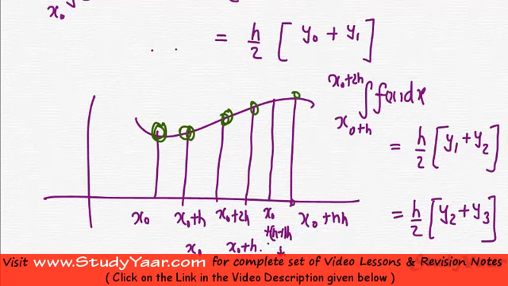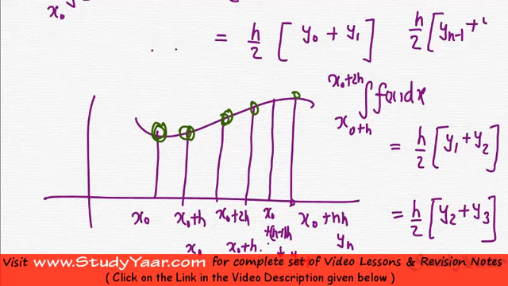Over here the corresponding y value is yn minus 1 and over here the corresponding y value is yn. So when you're going from x0 to x1, your integration is this, y0 plus y1. When you're going from x1 to x2, your integration is this. So when you're going from x0 plus (n minus 1)h to x0 plus nh, your integration is going to be equal to h by 2 into (yn minus 1 plus yn).